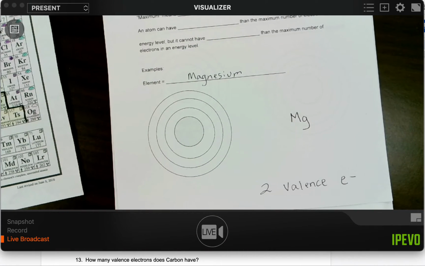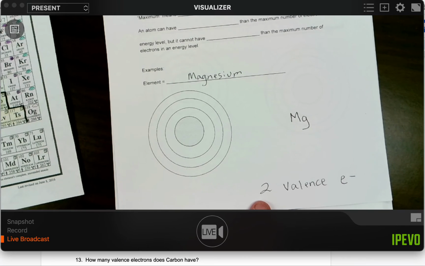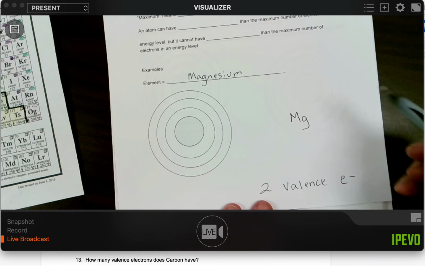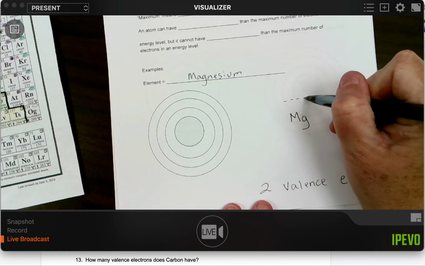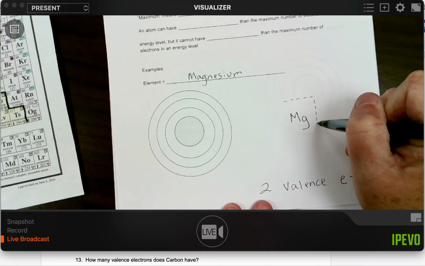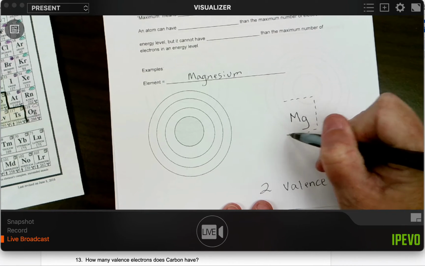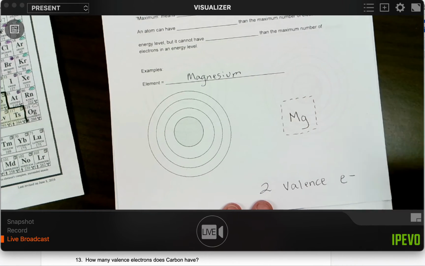2 valence electrons. So to draw my Lewis dot structure, I use dots and I put them around the symbol. Imagine you have an invisible line, a box around this. This is invisible, that's why I'm making it with dots, or with lines. My dots represent how many valence electrons.